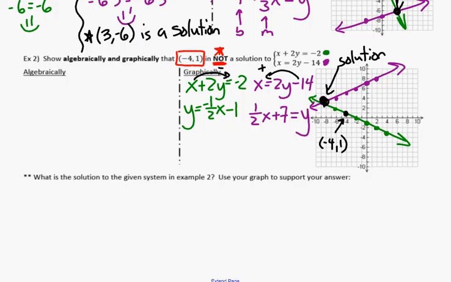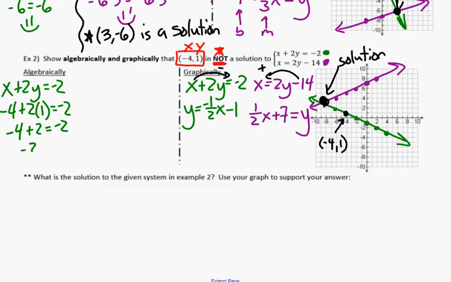Now let's go back and look at it algebraically. If I start with the green, x plus 2y equals negative 2, and I substitute my x and my y value, I get negative 4 plus 2 times 1 equals negative 2. So I get negative 4 plus 2 is negative 2. Uh-oh, I get negative 2 is negative 2.